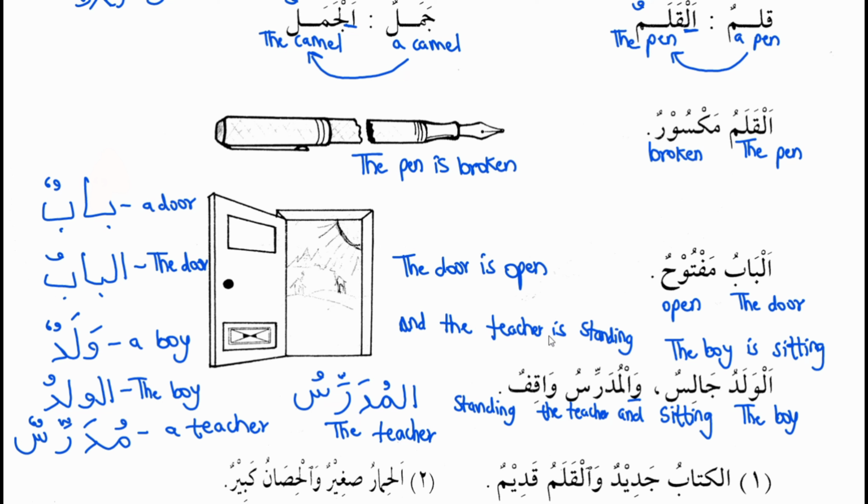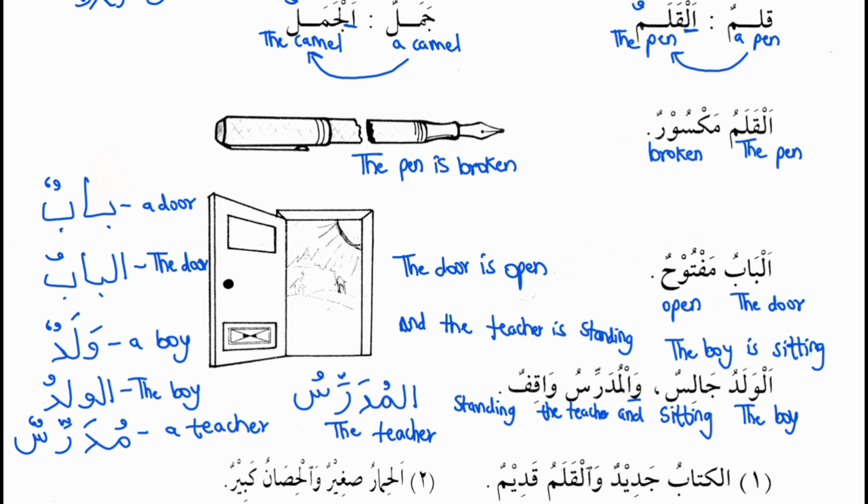Al-waladu jalisun means the boy is sitting. Wal mudarrisu waqifun means and the teacher is standing.